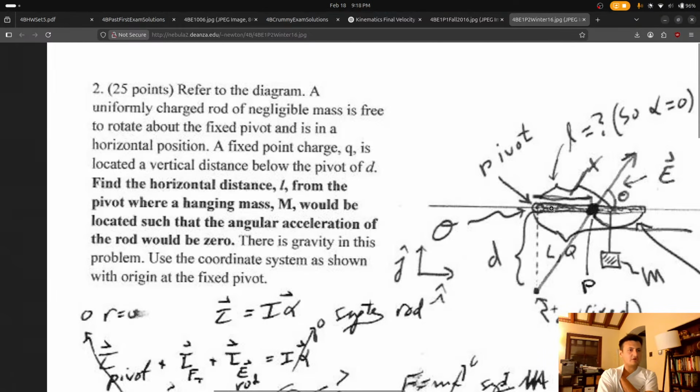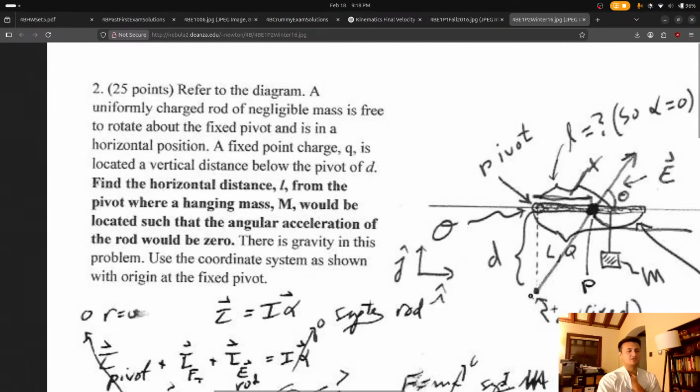We're going to find R, and R is just going to be the distance from the origin. So that's just going to be 0, y, 0.